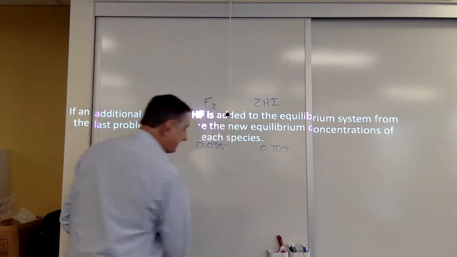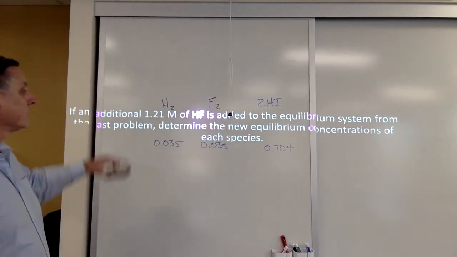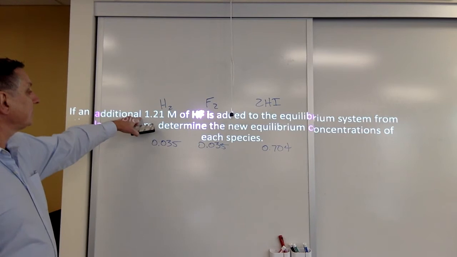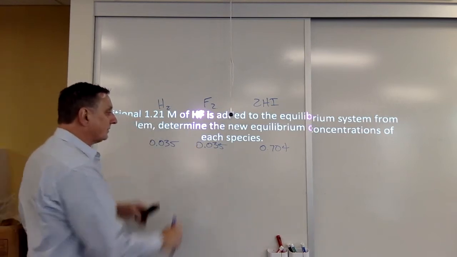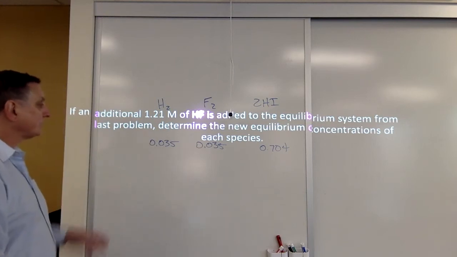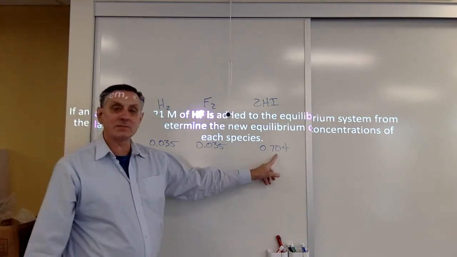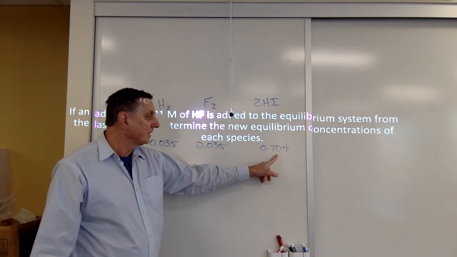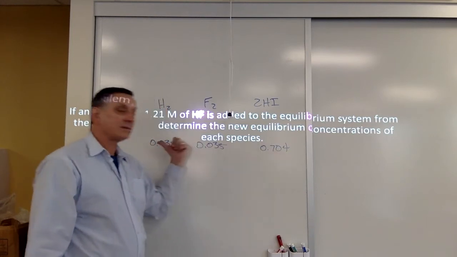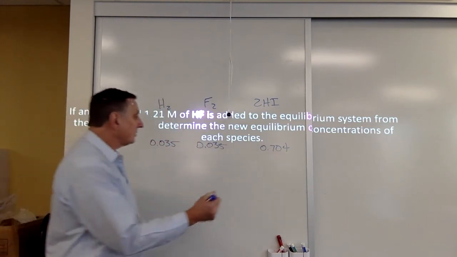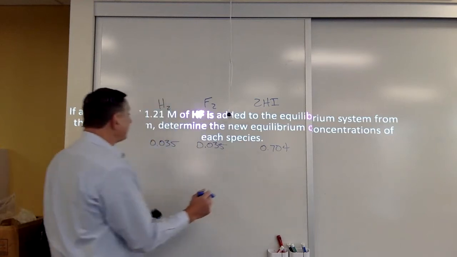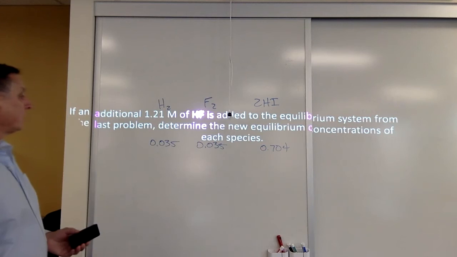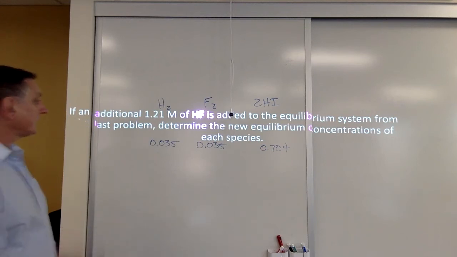And now the question is, we add 1.21 molar of HF to this system right here. If we add 1.21 molar, we're increasing this number by 1.21. Increasing this concentration is going to shift it back to the left. So instead of having 0.704, this becomes 1.914.